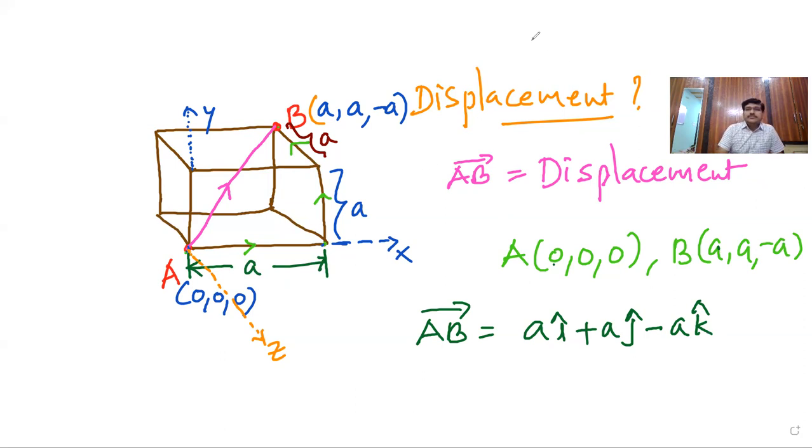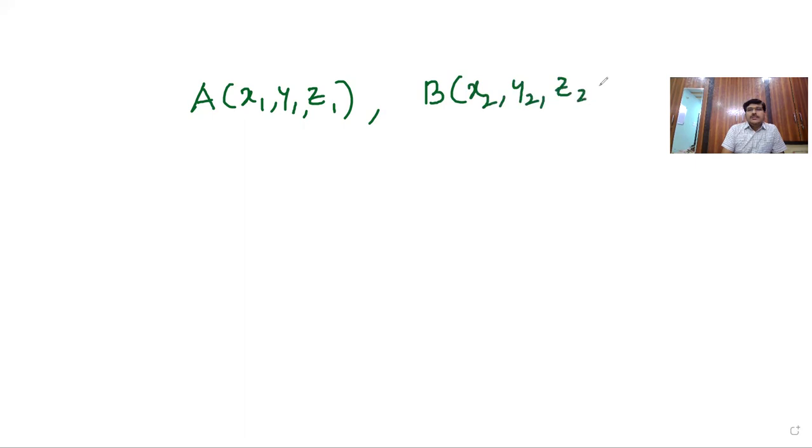Now, observe. Here I am showing, suppose A is a point (x1, y1, z1). B is a point (x2, y2, z2).